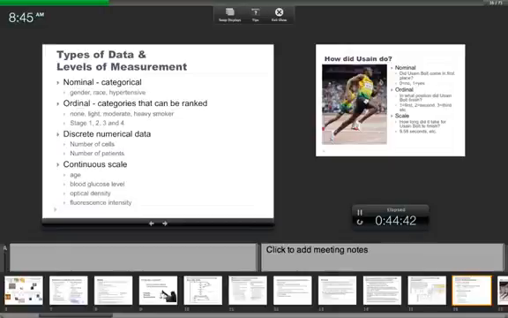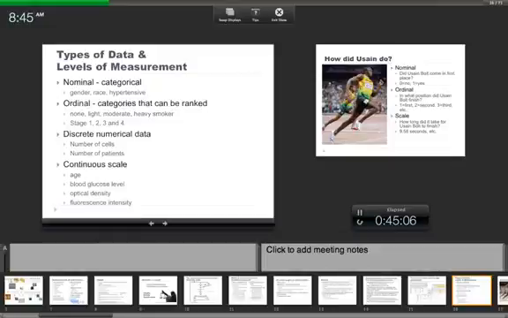For example, for a smoker, what is the degree of smoking? The patient never smoked, is a light smoker, a moderate smoker, or a heavy smoker. Or the stage of the cancer: stage 1, stage 2, stage 3, stage 4.